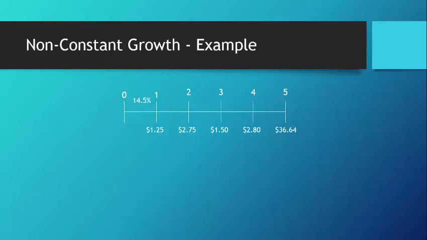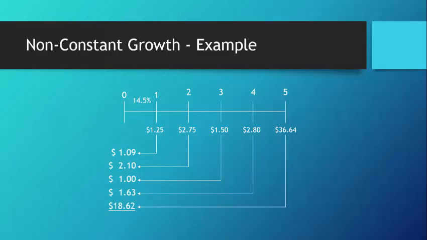And then we're going to take all of these free cash flows and discount them at the discount rate, the R sub S, the 14.5. Now notice this has nothing to do with the growth rate anymore, because that's already embedded in that time 5. I'm going to discount $1.25 at 14.5%, it would be $1.09, and so on, and so on.